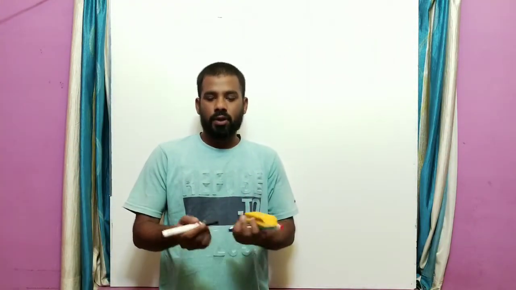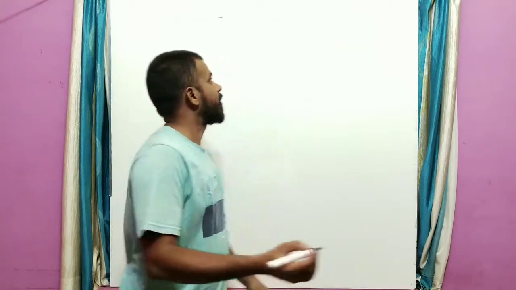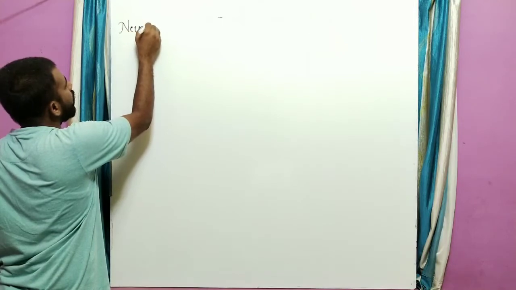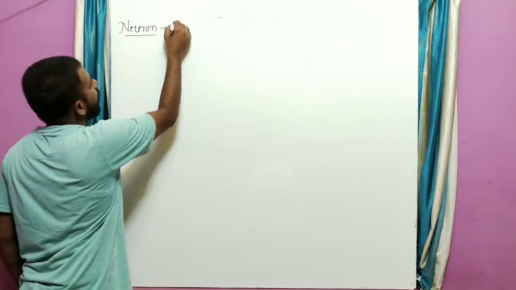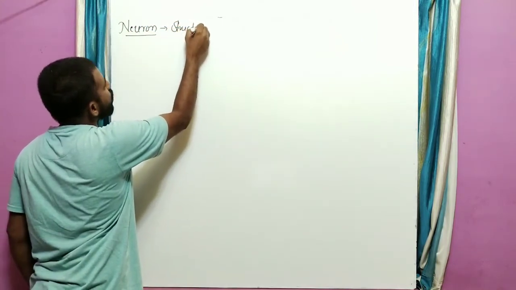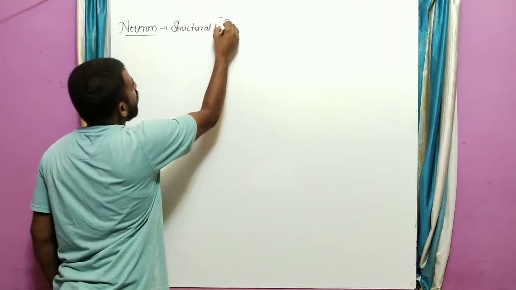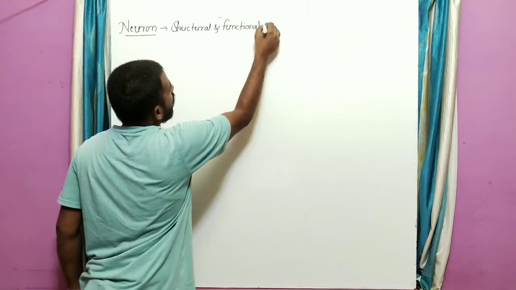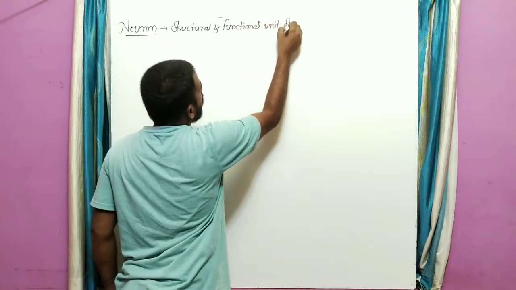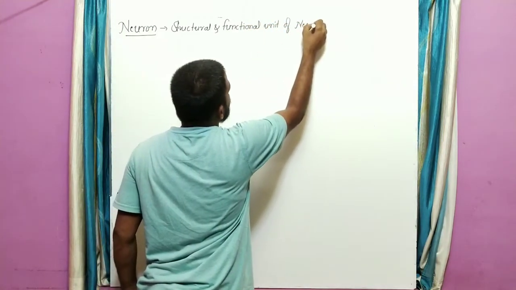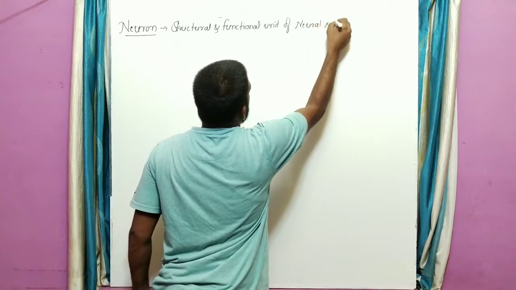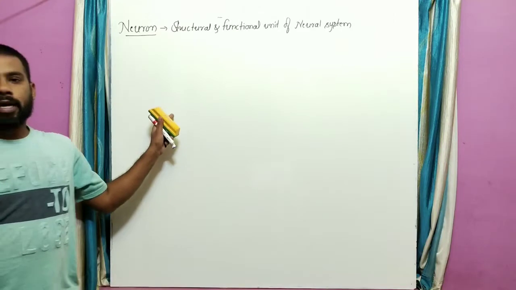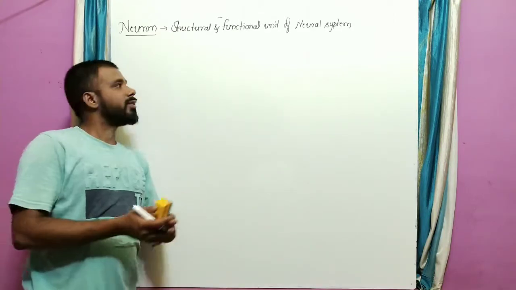Hello students. Today in this lecture I am going to explain the structure of neuron. Neuron is the structural and functional unit of our neural system. Structurally it has mainly two regions.